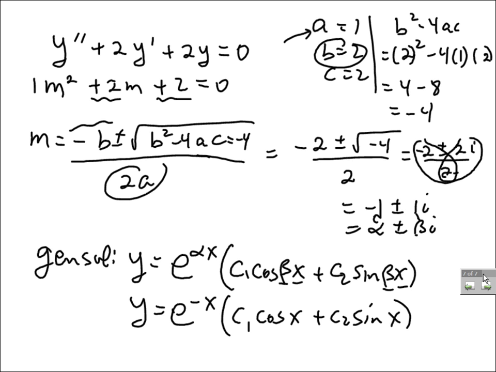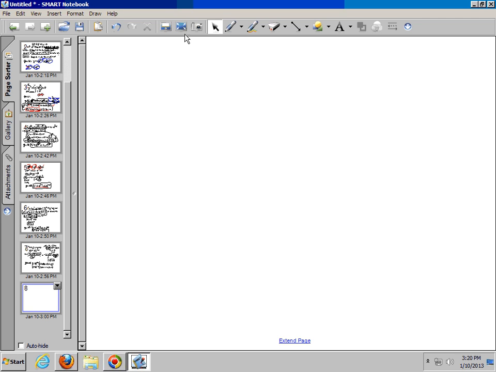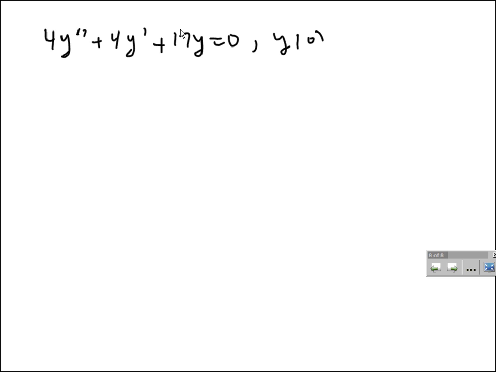Let us try another one. Okay, let's consider this problem. Suppose you have 4y double prime plus 4y prime plus 17y equals 0. But you also have initial conditions.